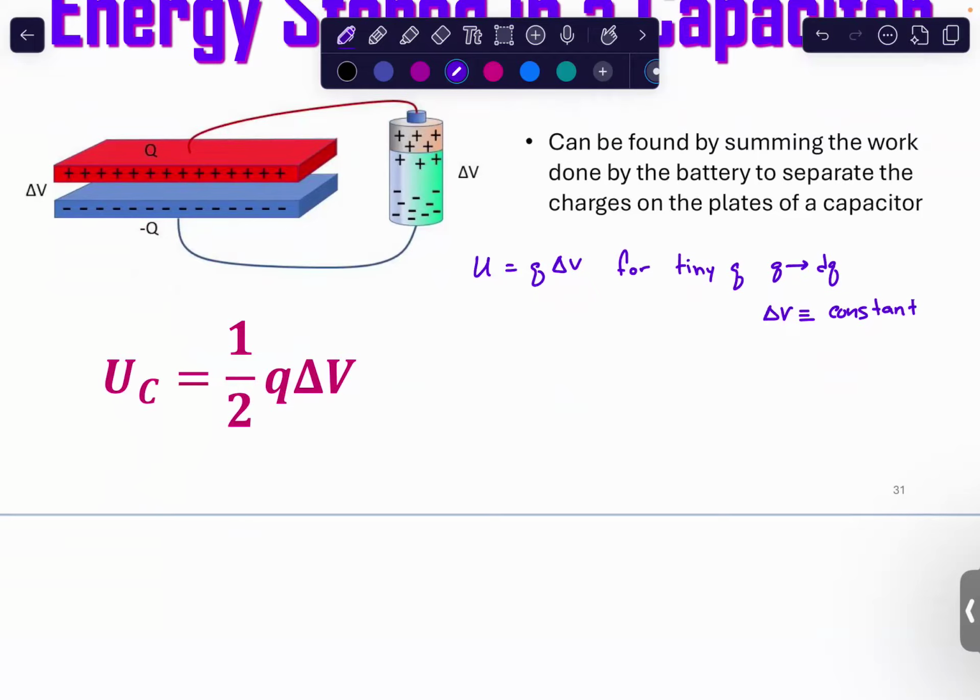So the equation we'll have to solve next time, a tiny change in the potential energy.